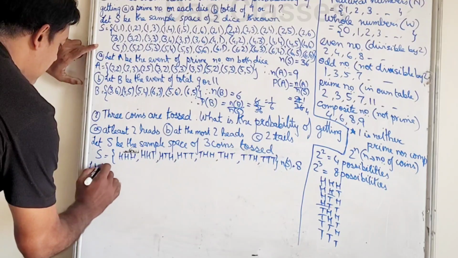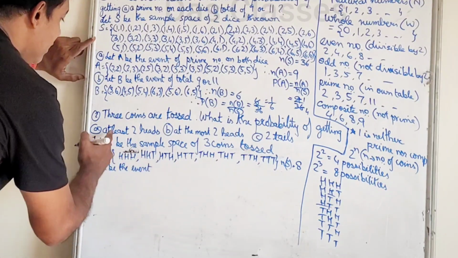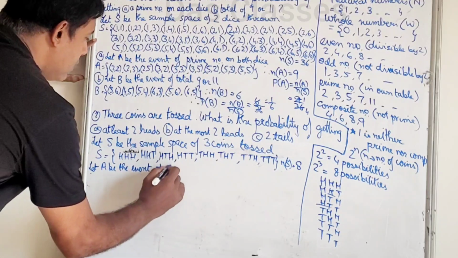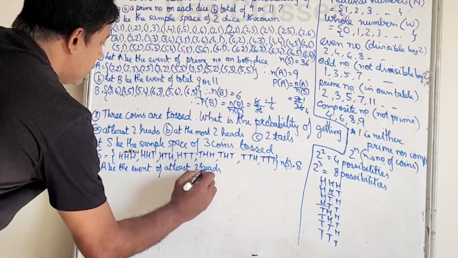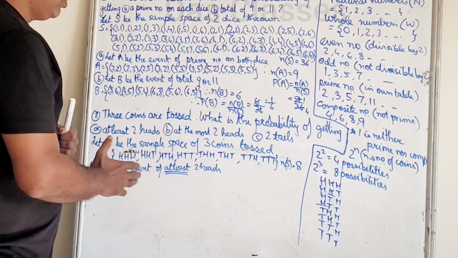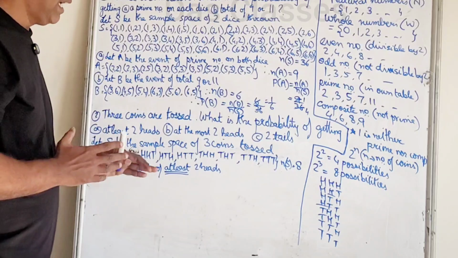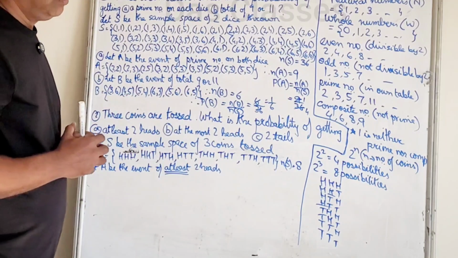Now what's the first event? Let A be the event. What is our first question? Of at least 2 heads. At least. Now this is a very, very important word, because students always make a mistake on this. At least means that value and more than that value.